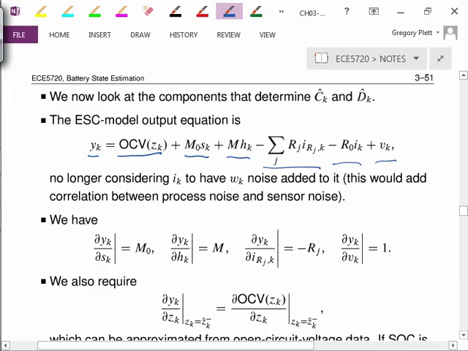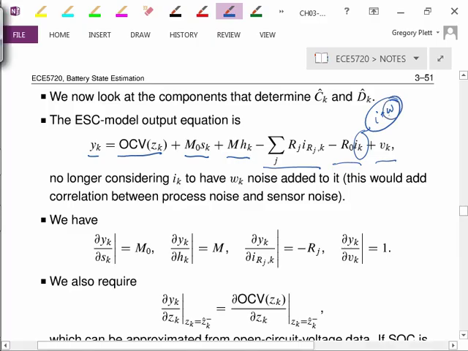In this expression, we no longer consider I to have W noise added onto it, and that might be cheating a little bit. We could have said I plus W here, but that actually adds an enormous level of complication to the problem because the filter generally assumes, the equations we've used have assumed, that the sensor noise and process noise, in other words, the noise added to the state equation and the noise added to the output equation, are uncorrelated with each other.